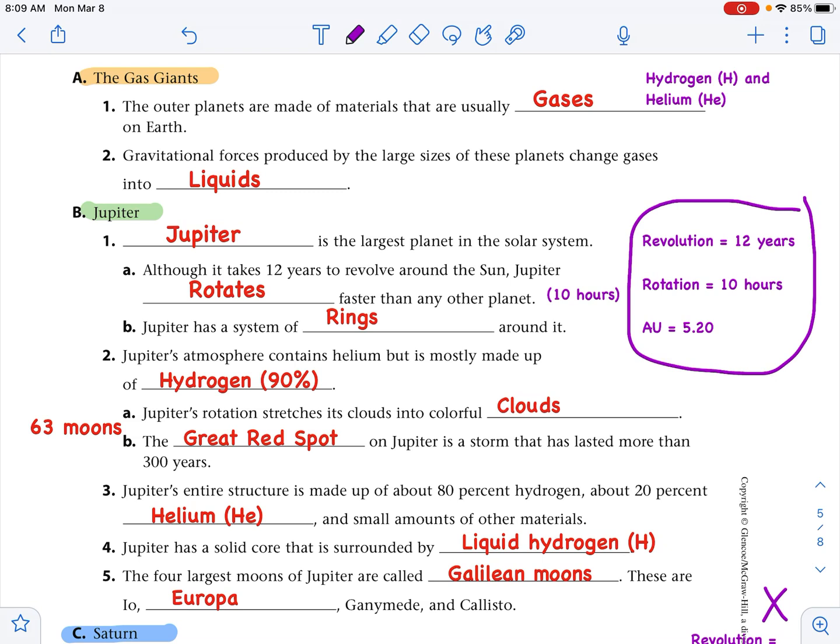Remember, AU is the distance between the sun and Earth. So that's 1. It's 150 million kilometers. So Jupiter is 5 times farther away from the sun than Earth. So make sure that you pause this if you need to get all of this written in, okay?